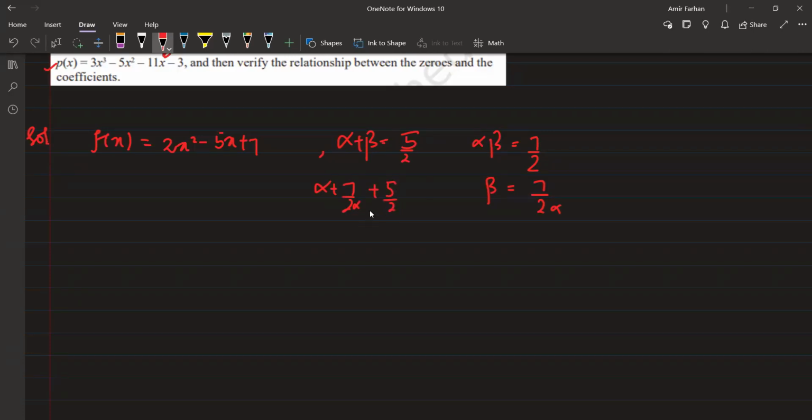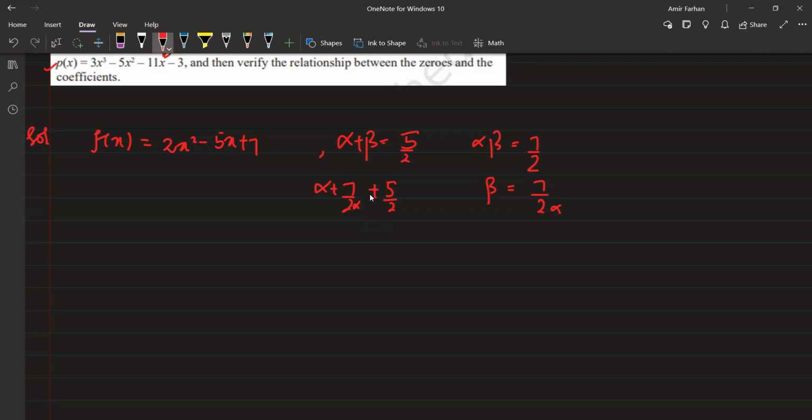In any case, you have to solve a quadratic equation. You cannot get away from the quadratic polynomial or equation while solving this question. So in any method, whether using the sum and product of zeros or this one, you have to solve the quadratic equation.